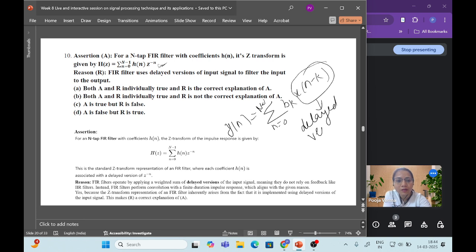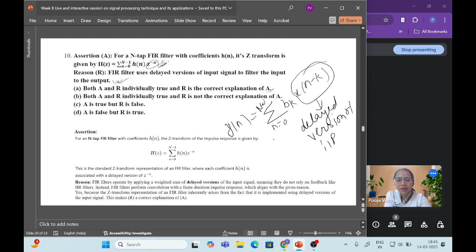And from here you can also see z to the power minus n represents the delay. That means R is also true. So here they are saying that FIR filter uses delayed version of the input signal to filter the input to the output. That is also correct, and that is a correct explanation of A.